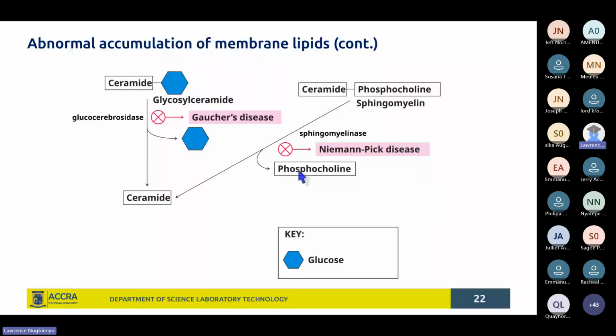And so you see that many of these deficiencies of these enzymes, many of these genetic disorders, are linked to metabolism of membrane lipids, which can cause some central nervous system disorders, some serious neurodegenerative disorders for different persons.